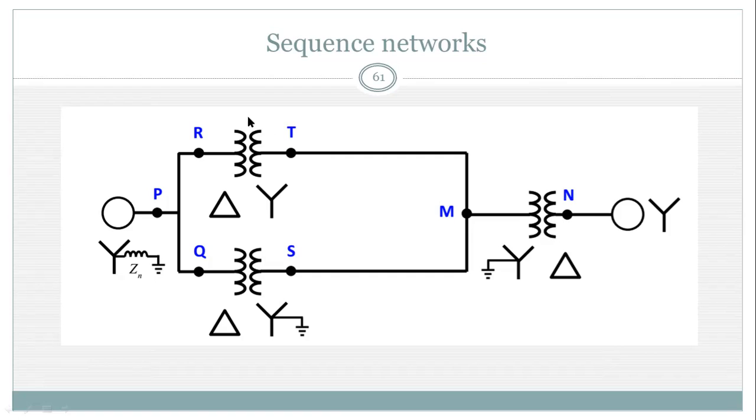From R to T, there is a transformer, and the transformer primary is delta and secondary is Y. So if the primary is delta and the secondary is Y, then there should be an open circuit, and in the portion which is Y, there will be an impedance. And here Y is not grounded, so the impedance is not connected to the reference bus.